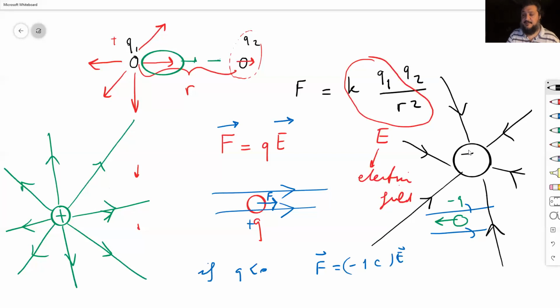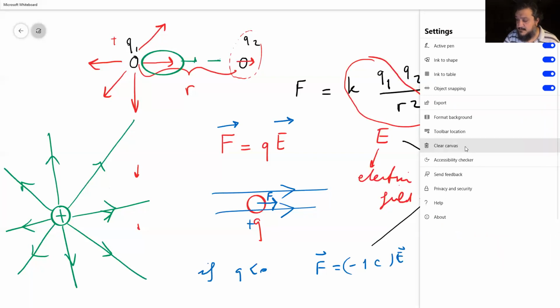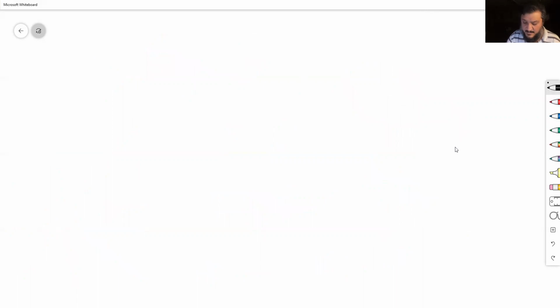So what happens if I put the positive and negative together? Let's say I have the negative charge over here and the positive charge over there, and they're separated by 10 centimeters.